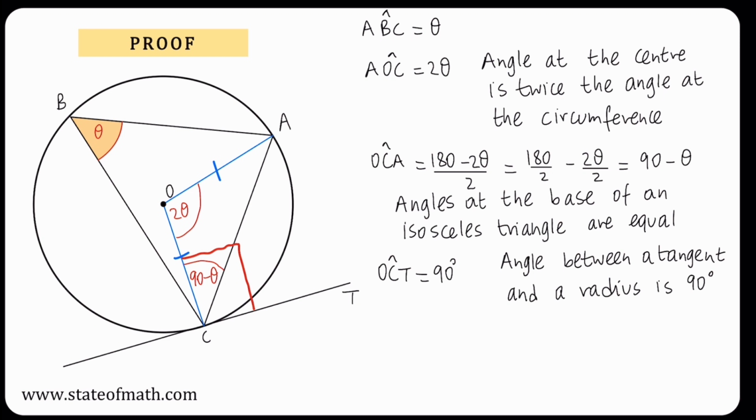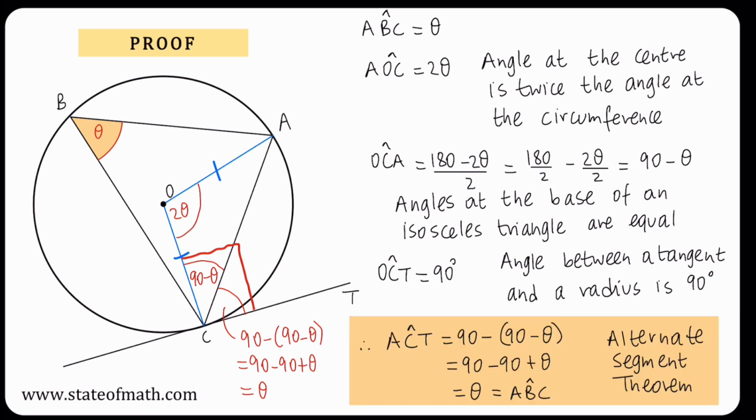Therefore the angle ACT, the angle here, will simply be 90 minus the quantity 90 minus theta. This simplifies to 90 minus 90 plus theta, which is just theta. So we've just proven that ACT is theta, which is equal to ABC. So this angle here is equal to this angle here, and this is the alternate segment theorem.